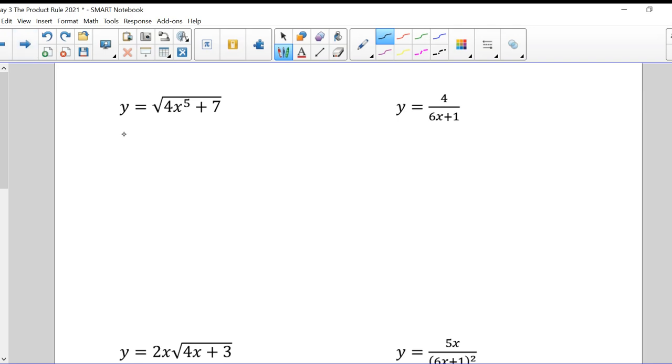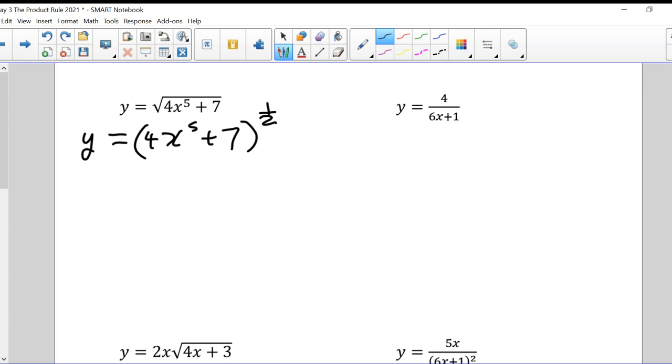There you go. So let's think of this as being y equals, and instead of using the u, and you're right, you can think of it as being u, but I'm going to just go ahead and put the 4x to the power of 5 plus 7 and raise that to the power of a half. Just remember, square roots as an exponent, thank you very much, Richard, and thank you very much, Adam, can be interpreted as being a half as an exponent.